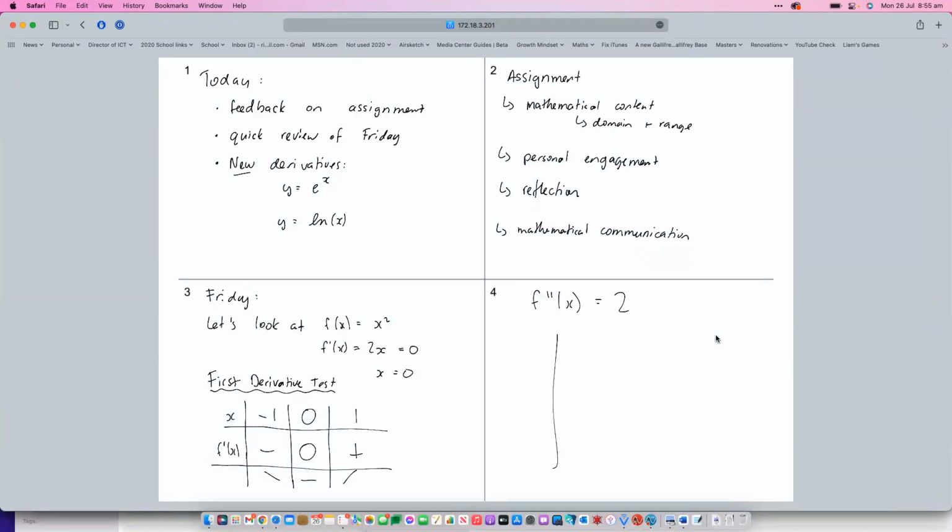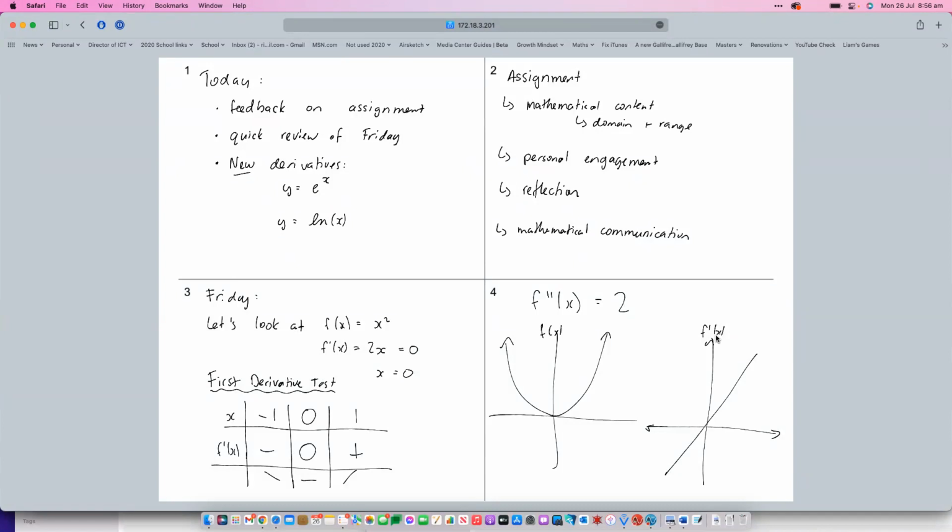So if this is f of x, then this would be f dash of x. It is its own function, and as you can see, it's increasing from left to right. The graph is increasing.